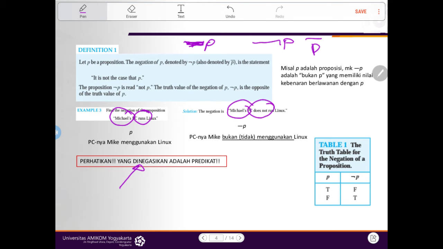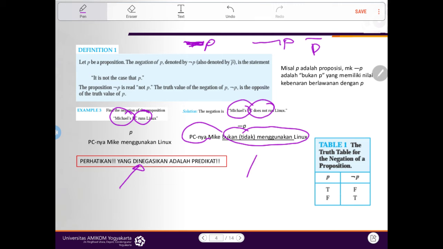In bahasa, maybe we can explain. Michael's PC runs Linux, PC-nya Michael menggunakan Linux. Dan kalau the negation of P is PC-nya Michael tidak menggunakan Linux.